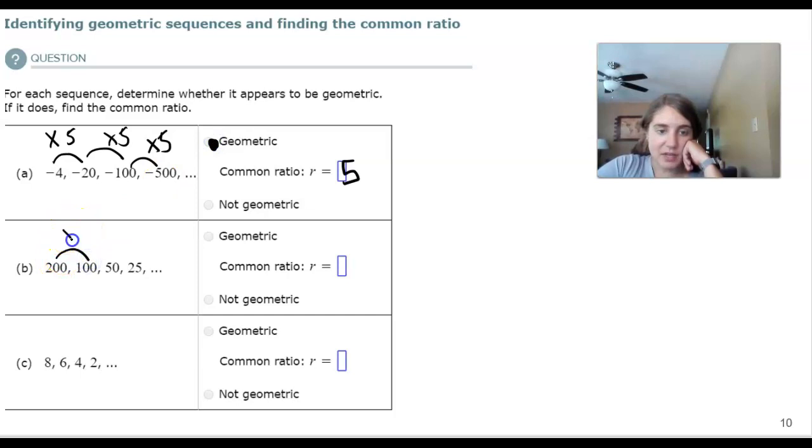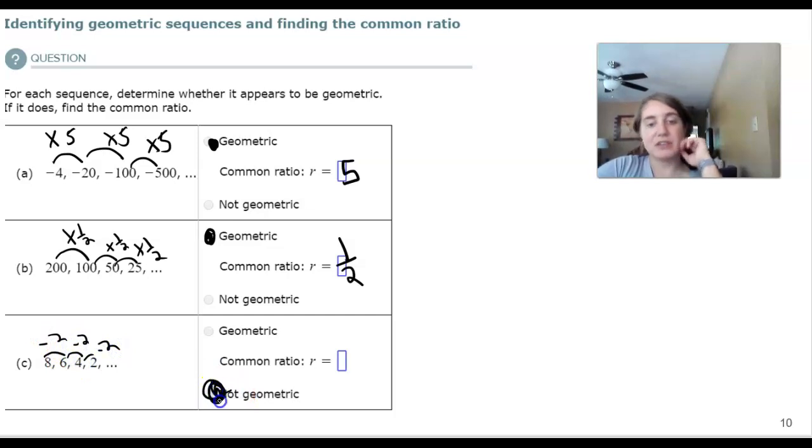This divided by 2, or times 1/2, times 1/2, times 1/2, so that would be geometric with a common ratio of 1/2. This was minus 2, minus 2, minus 2, so there's no multiplication, so that would be considered not geometric.